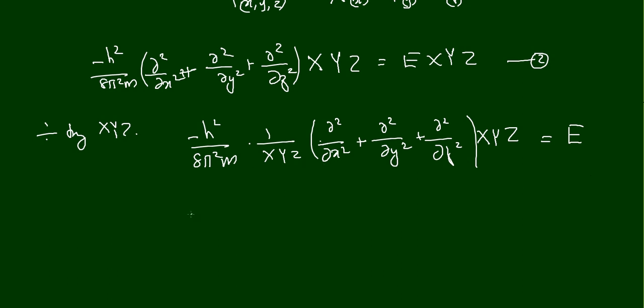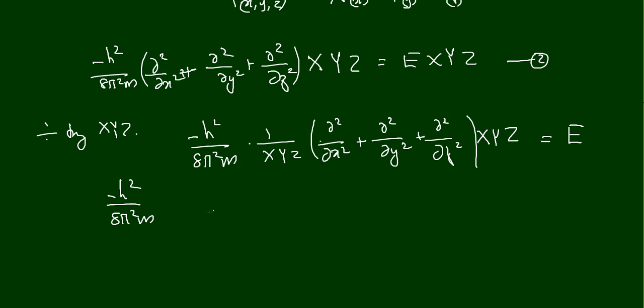So we can write it like minus h square divided by 8 pi square m, into 1 by XYZ, into dou square by dou x square acting on XYZ. Let me expand this one. The dou square by dou x square will act only upon X, and Y and Z will remain constant.